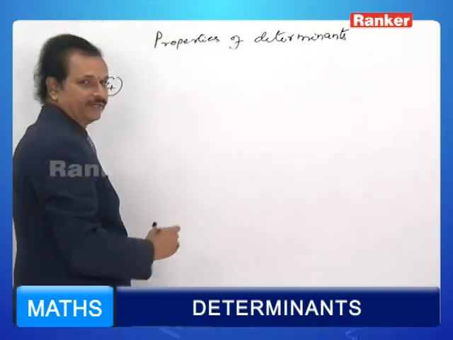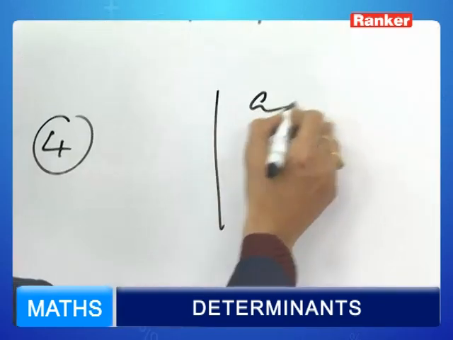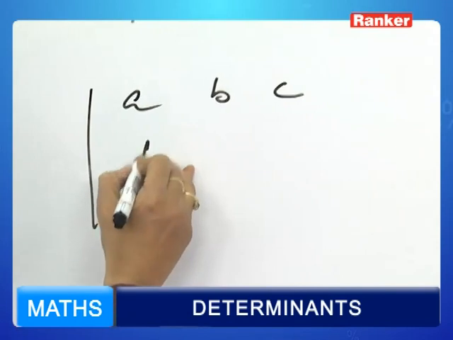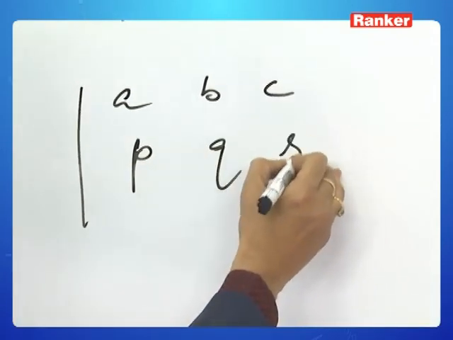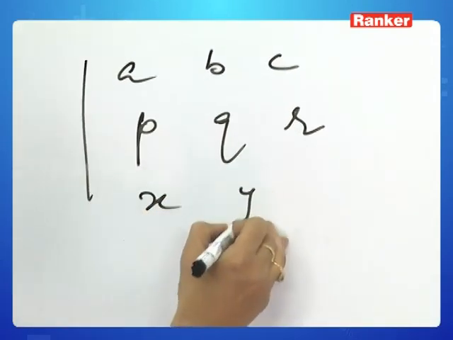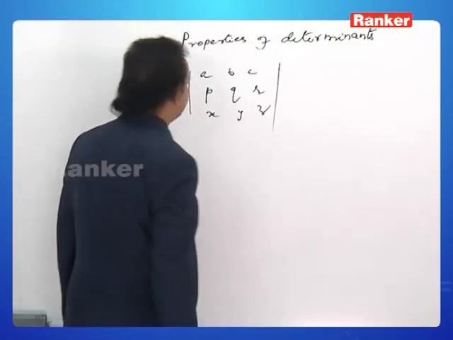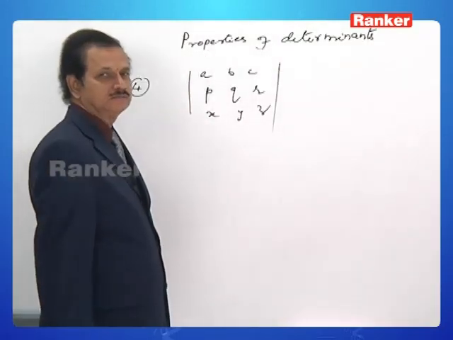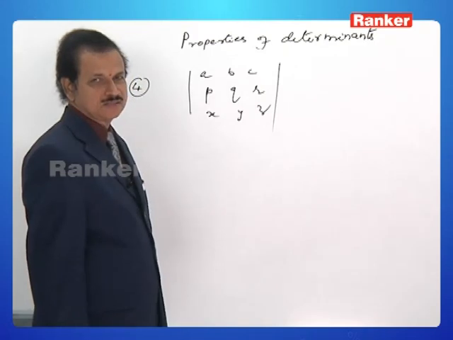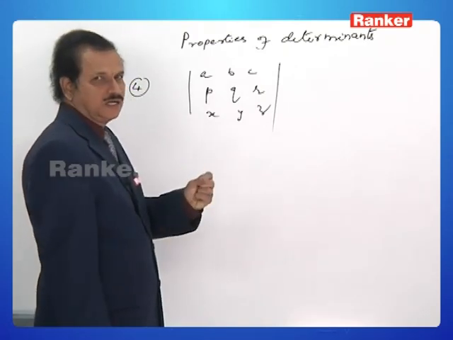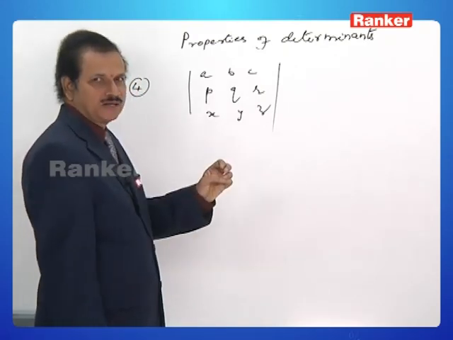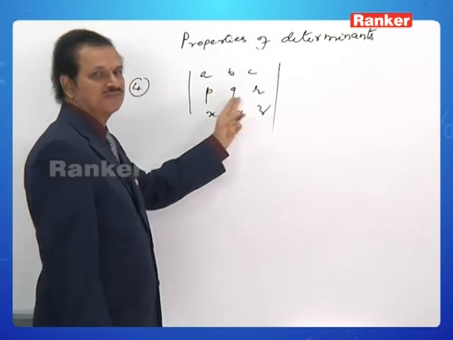Next one. Look here. Suppose we have A, B, C, P, Q, R, X, Y, Z, a particular determinant. If you observe the elements, you notice that a particular number is a common factor for all the elements of a particular row.